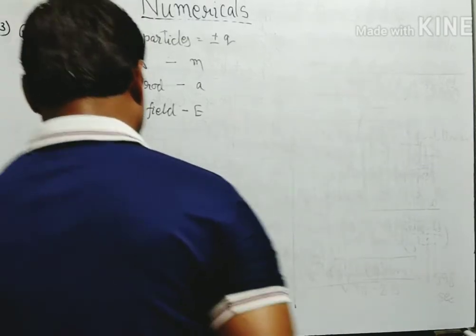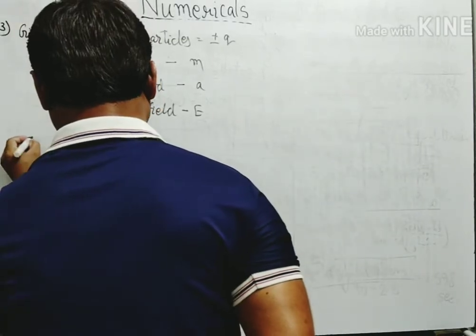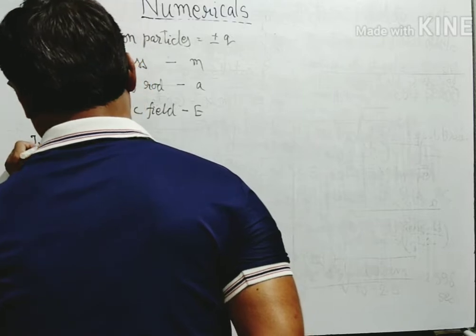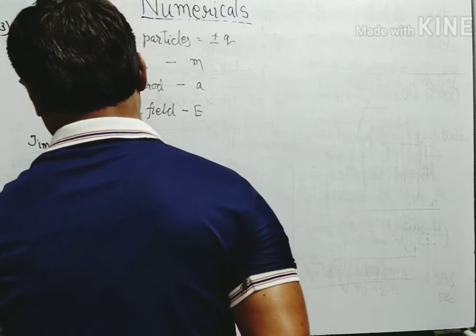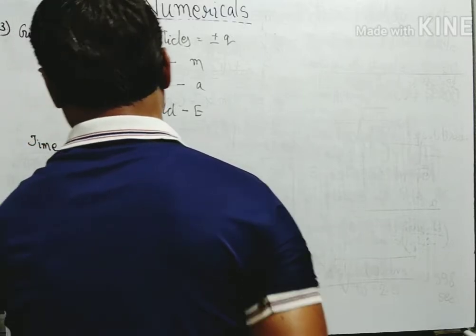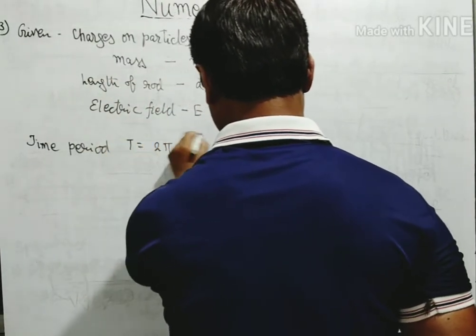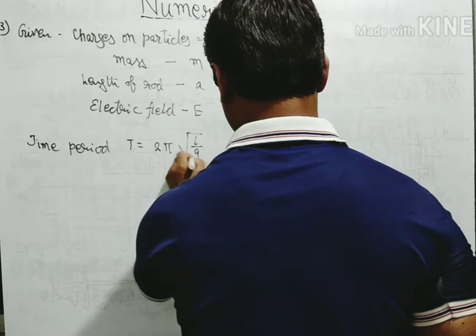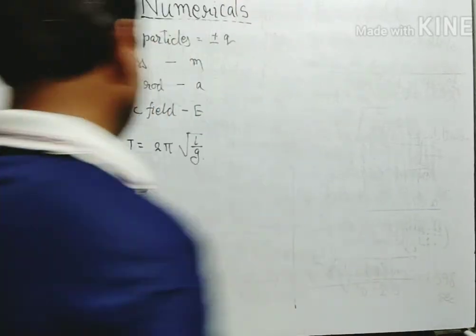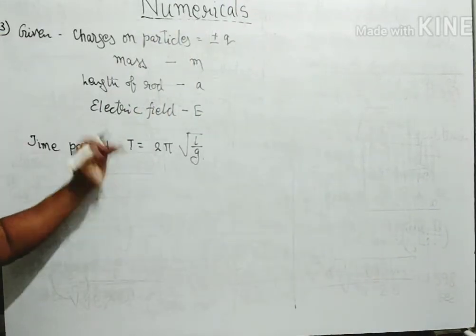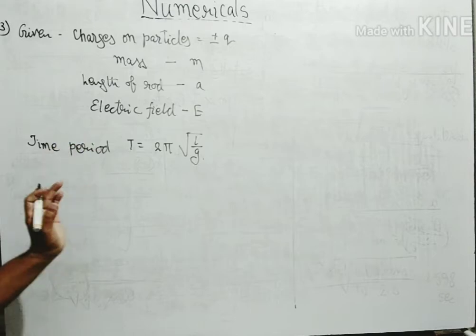So let's proceed. Now the time period T equals 2 pi under root L upon g. So this is the time period formula that we know.